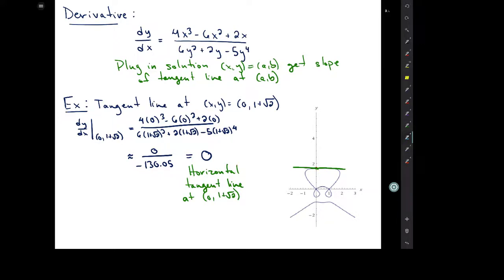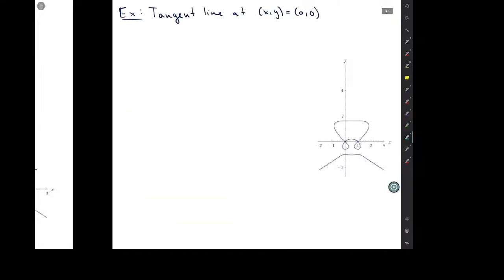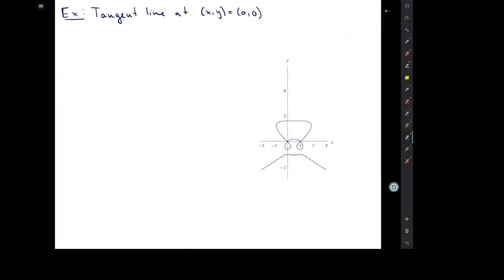So let's look at another example. If we look at the point (0, 0), which is the solution that we looked at before, this is this point right here. And you might notice that on the graph that looks like a slightly strange point because the curve goes around and through that same point again. Well, let's look at the derivative.